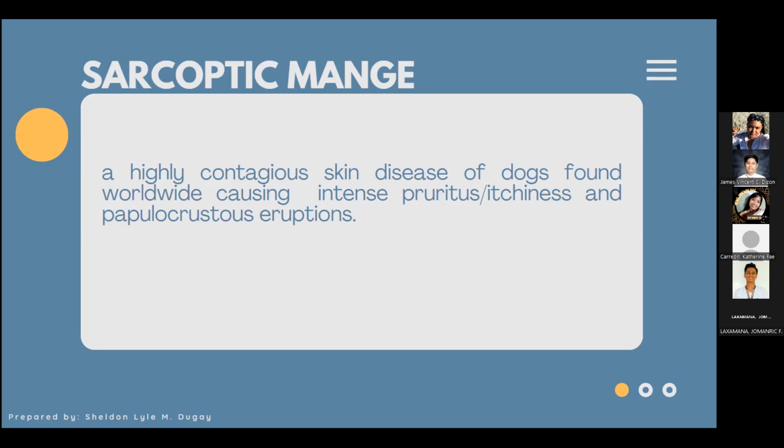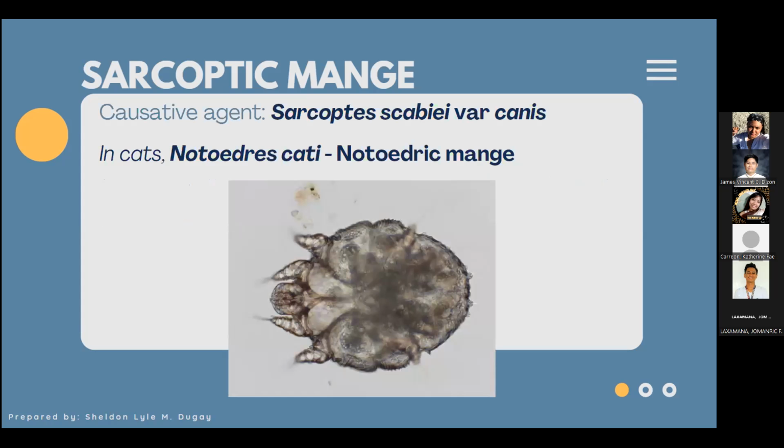So yung pag-scratch niya, nagkakaroon ng eruptions, tapos nagkakabiyak-biyak yung mga skin nila. And then yung causative agent is Sarcoptes scabiei var canis. And then sa cats naman, ito yung Notoedres cati. Tapos tinatawag siya as Notoedric mange.